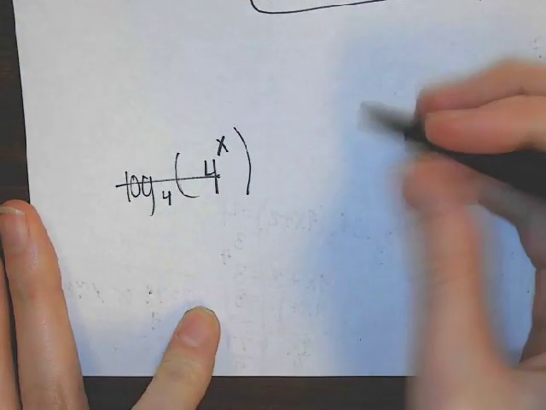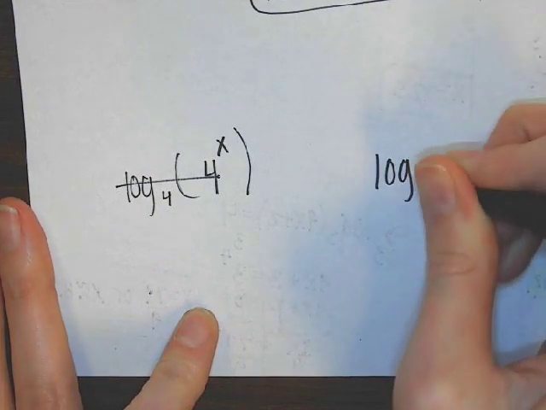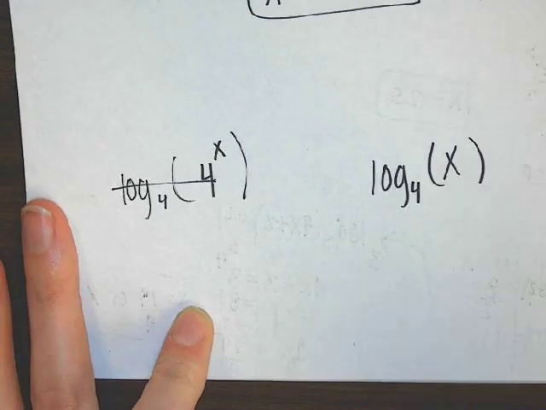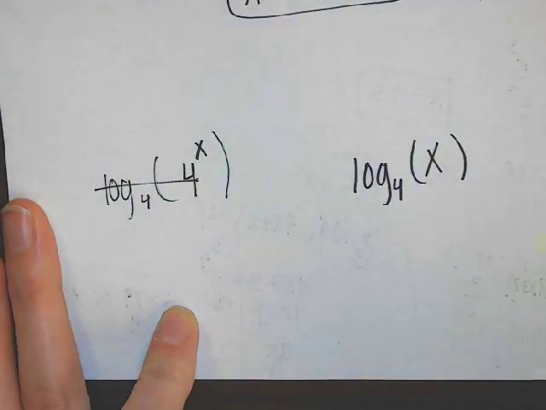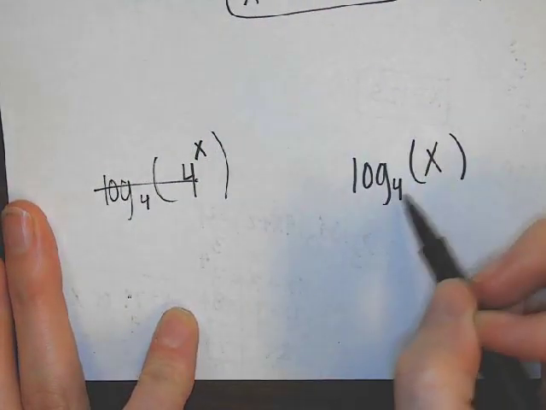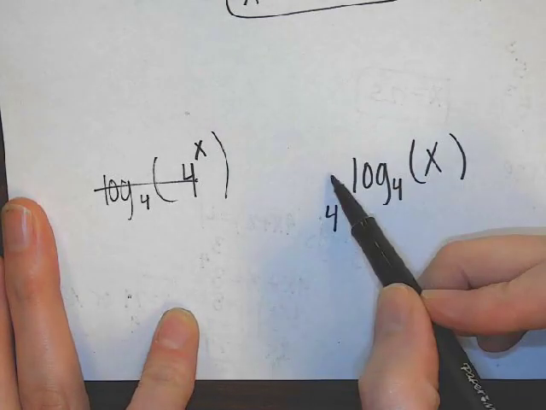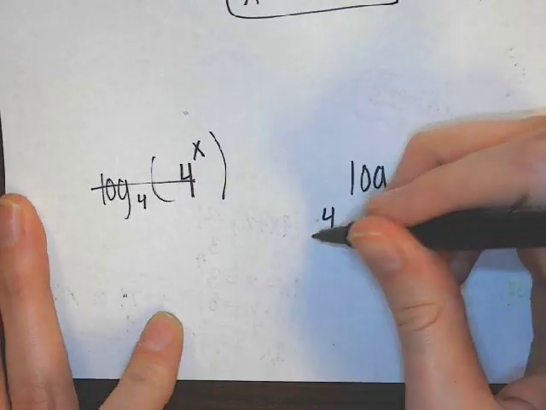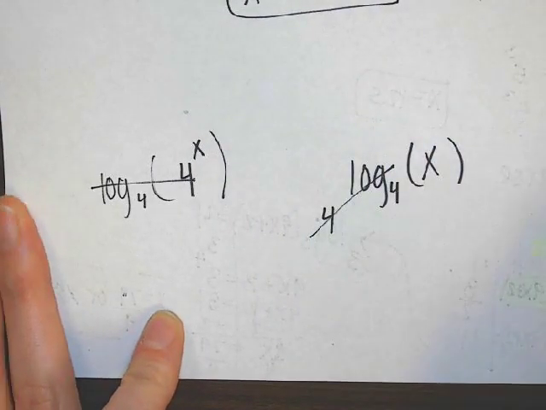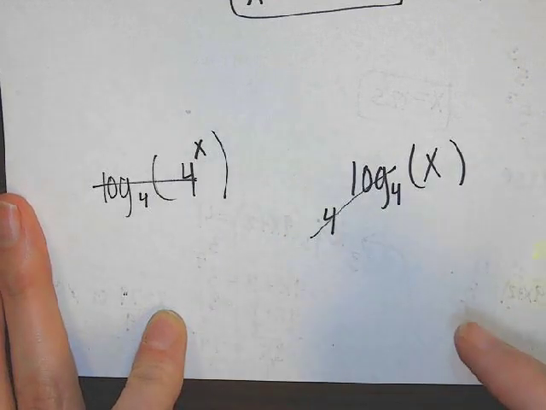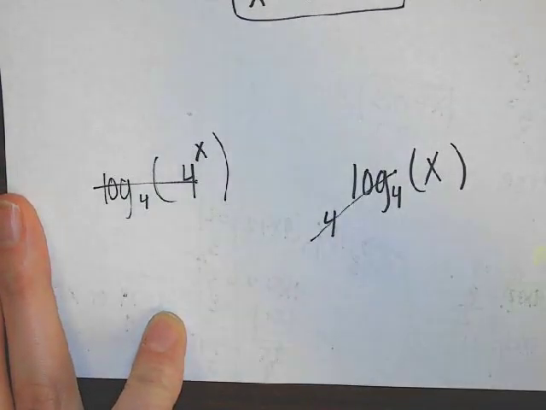If you have the opposite, if you have a logarithm, then you want to use an exponential to cancel, which means write it as an exponent. So the base would be 4. I would raise it as an exponent, 4 to the log power, and then cancel to get x. Okay, so these are your inverse operations. Regardless of what the base is, you can use a logarithm to rewrite it.